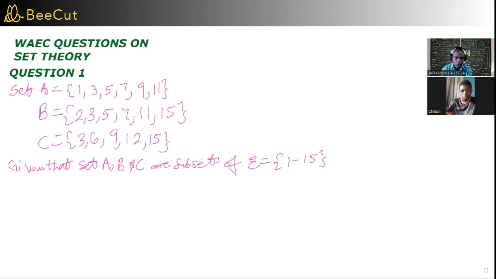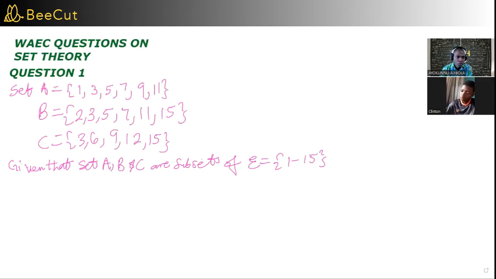Okay, so we have some questions to deal with here. We have to draw a Venn diagram to illustrate the information. That's the first instruction there.